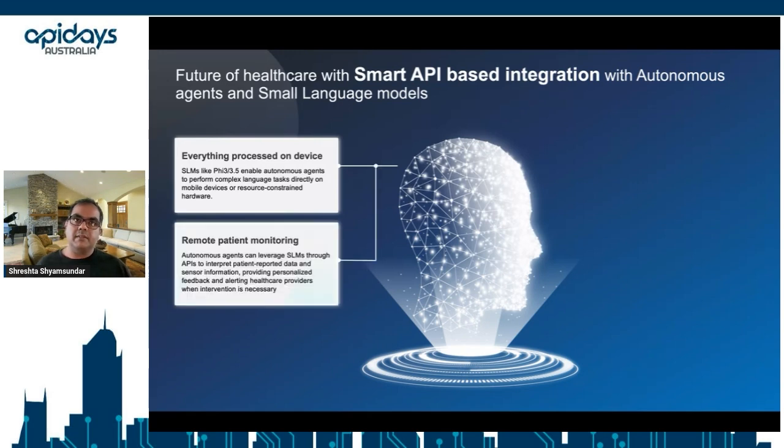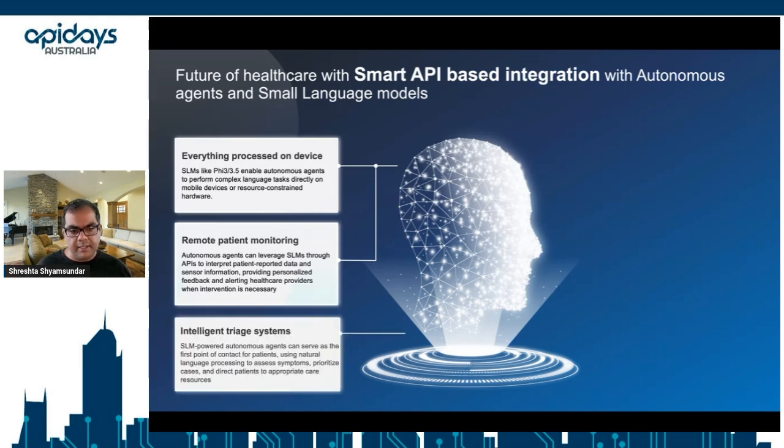From a state and federal health authority standpoint, it is now realistic to expect that they can engage in remote patient monitoring, being able to provide personalized feedback and care, and also planning for specific interventions when necessary is a big boon. Furthermore, triaging symptoms is a huge value that comes in by having this natural language processing based interface. One is able to prioritize cases, one is able to direct patients to appropriate care resources, which previously was unthinkable.